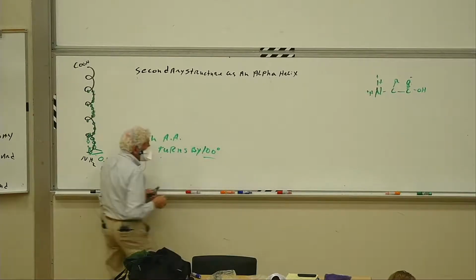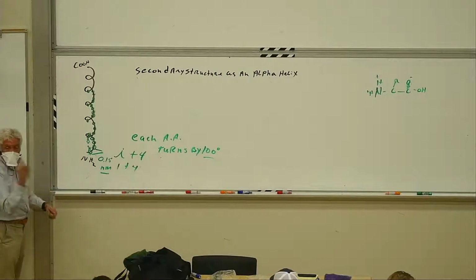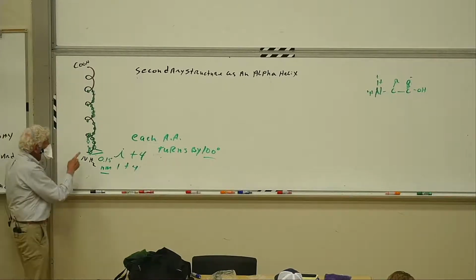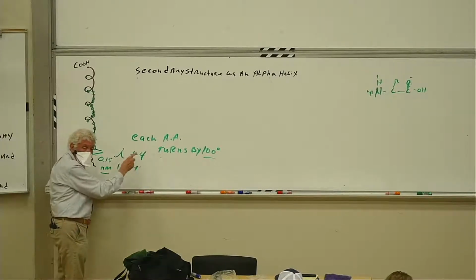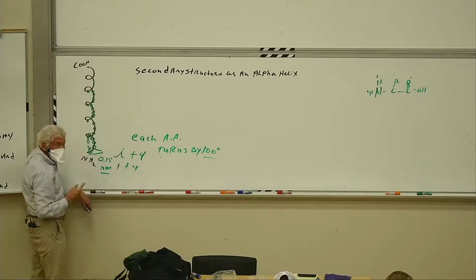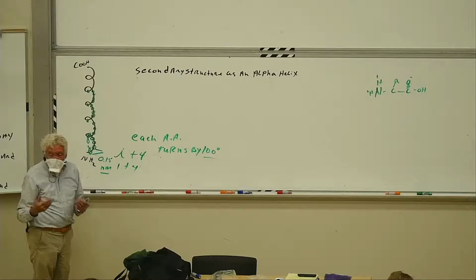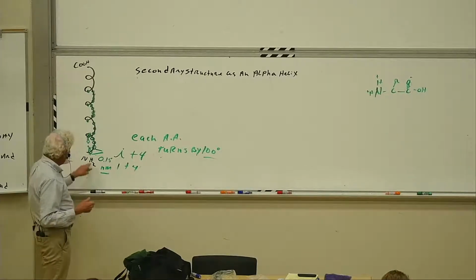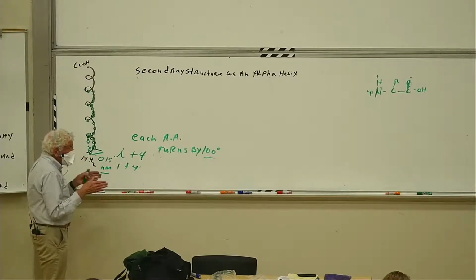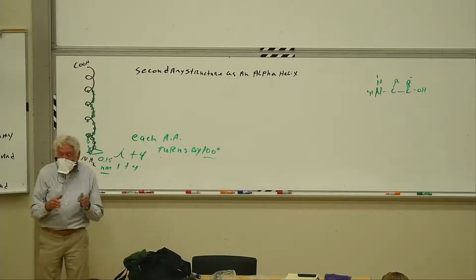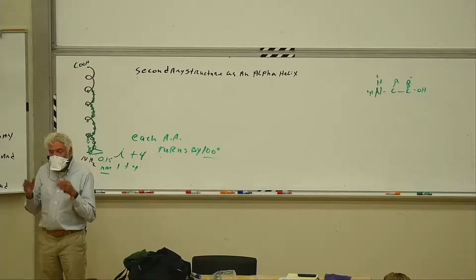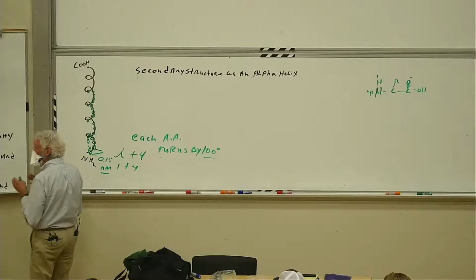From your geometry, you know it takes 360 degrees to go full circle. So that's telling us there will be 3.6 amino acids to go around the circle. If we use the spiral staircase analogy, each time we step up by 0.15 nanometers, we don't turn a small amount, we turn 90 degrees plus a little more.